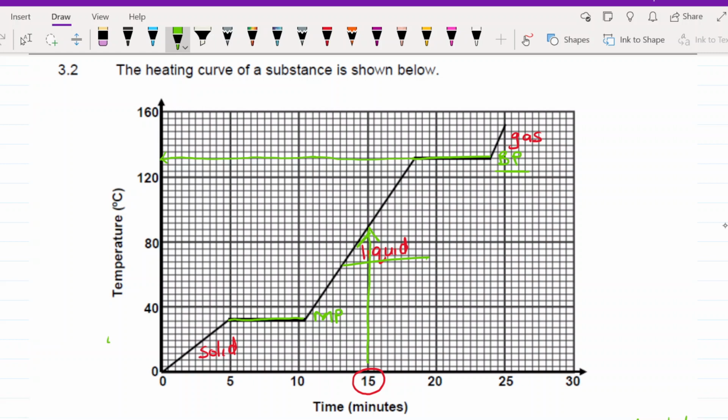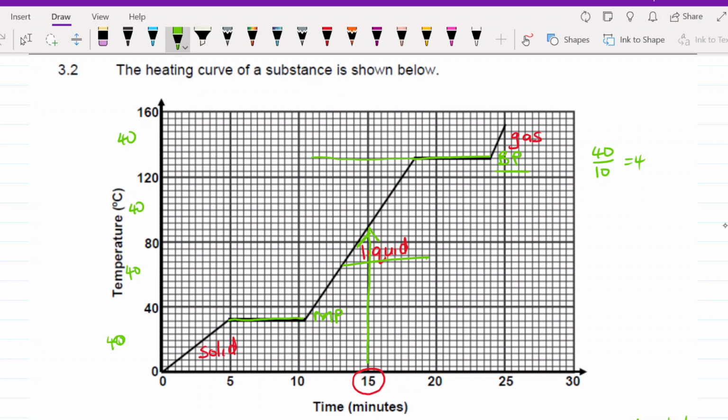So this graph goes by 40, plus 40, that's 80, plus 40, that's 120, plus 40, that's 160. So it goes by 40. How many blocks in between? 1, 2, 3, 4, 5, 6, 7, 8, 9, 10. So 40 divided by 10 is 4. That means each block is 4.